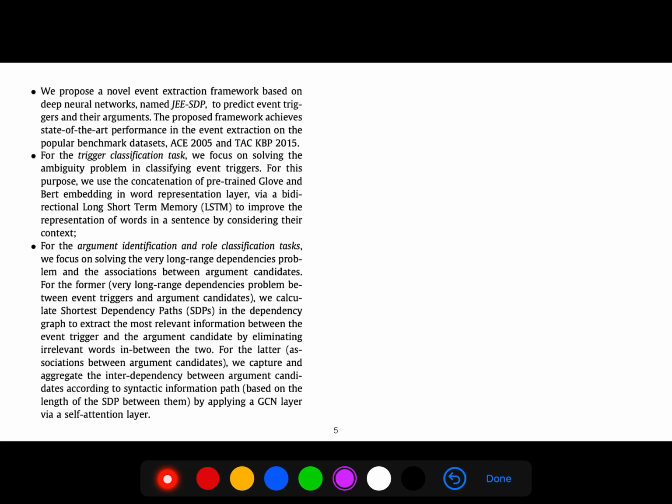So for very long-range dependency problem between event trigger and argument candidates, we calculate shortest dependency paths. Very good idea, because sometimes the path between a trigger and an argument is too long.